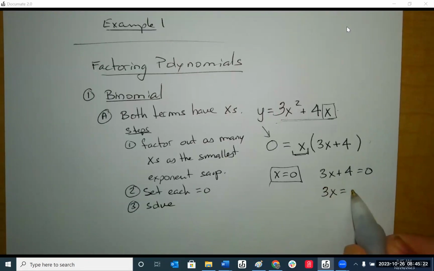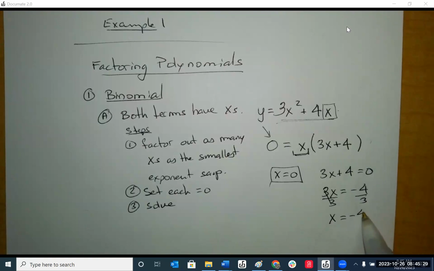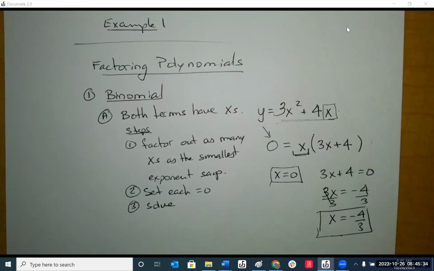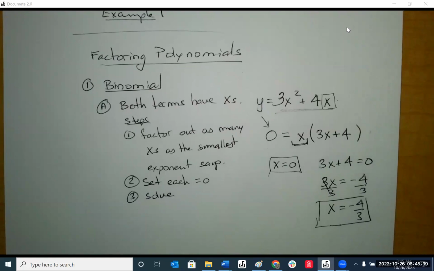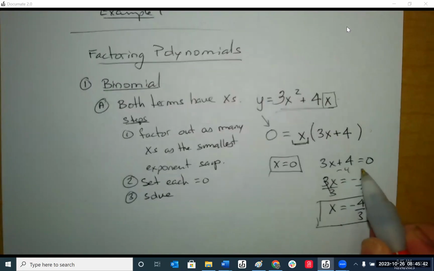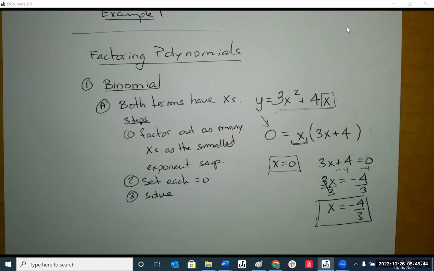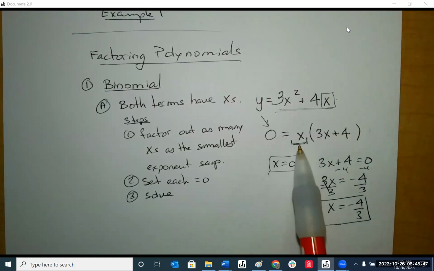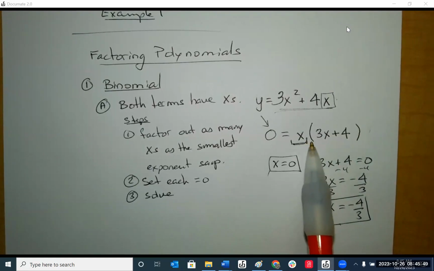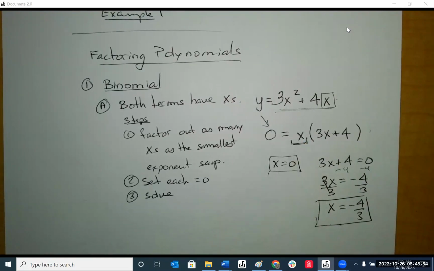And the second one, subtract 4 from both sides and divide by 3. Subtract 4 from both sides. This is the part a lot of students forget. If you have an x out in front, you have to set that equal to 0. Anything that has an x touching it, set that equal to 0.